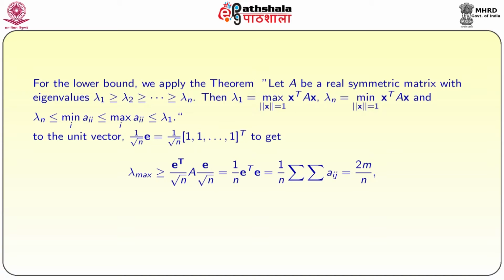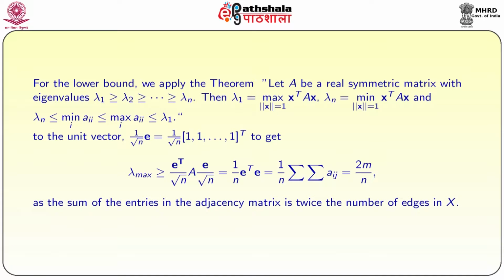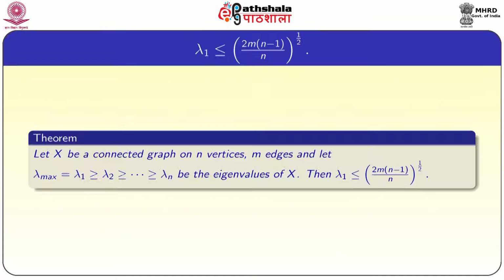Sum of all entries is equal to twice the number of edges, and we are dividing by n, so we have 2m by n. So, we proved that lambda max is greater than or equal to 2m by n, as the sum of entries in the adjacency matrix is twice the number of edges.